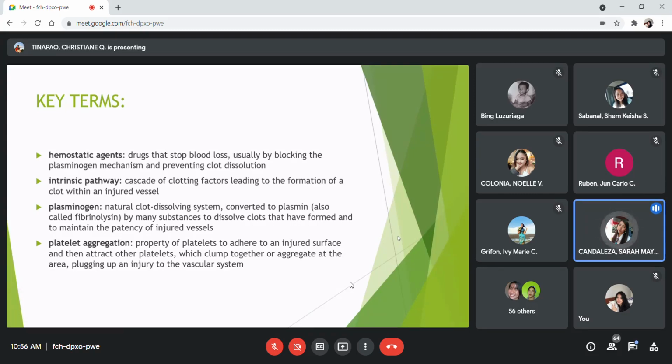Plasminogen, a natural clot dissolving system converted to plasmin by many substances to dissolve clots that have formed and to maintain the patency of injured vessels. And platelet aggregation, the property of platelets to adhere to an injured surface and then attract other platelets which clump together or aggregate at the area, plugging up an injury to the vascular system.